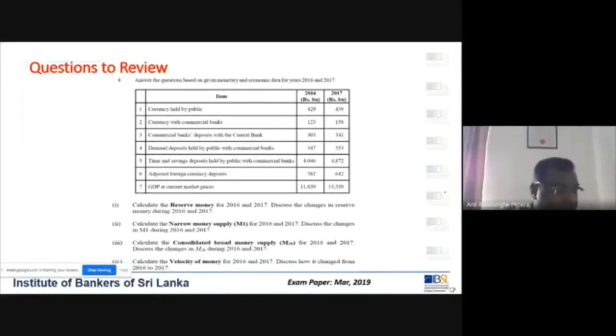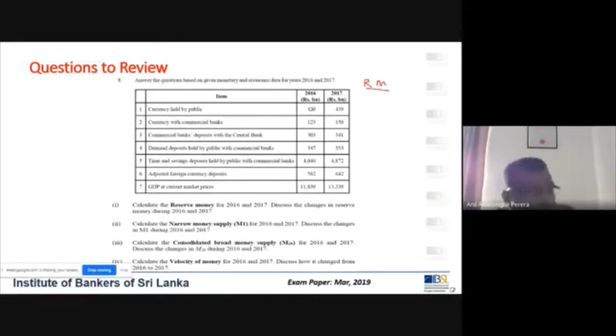What has happened to reserve money in 2016? What is the value? Reserve money for 2016-17. What is the value for reserve money in 2016?